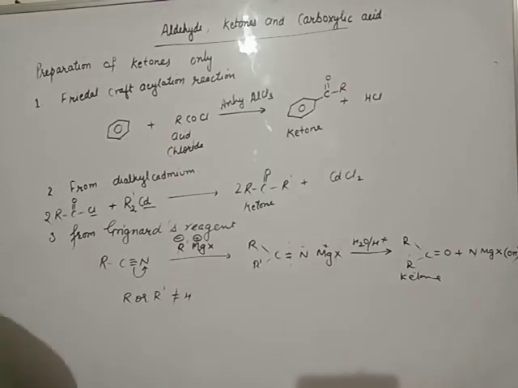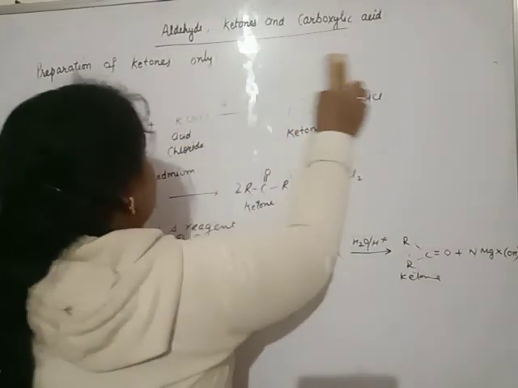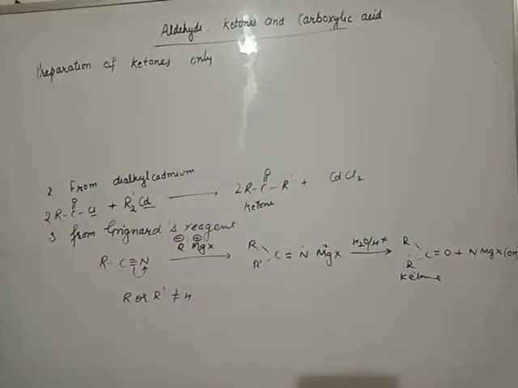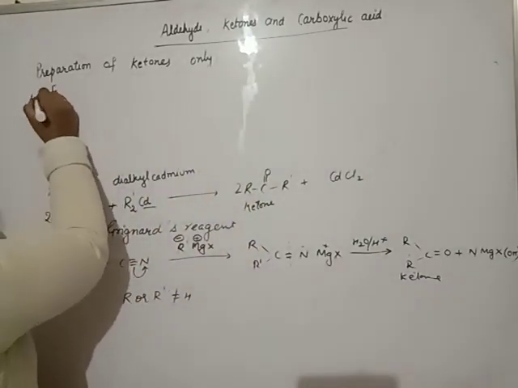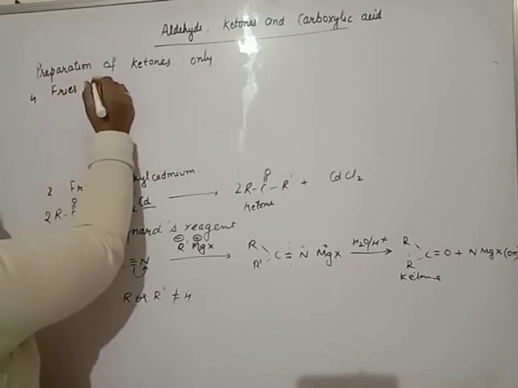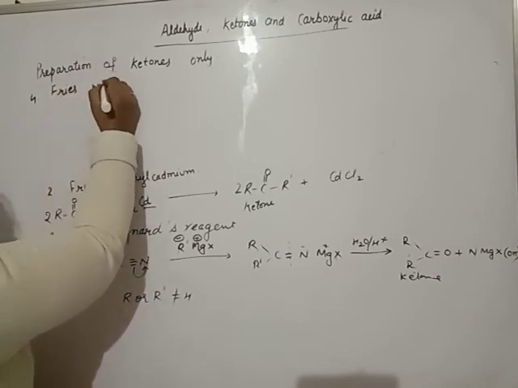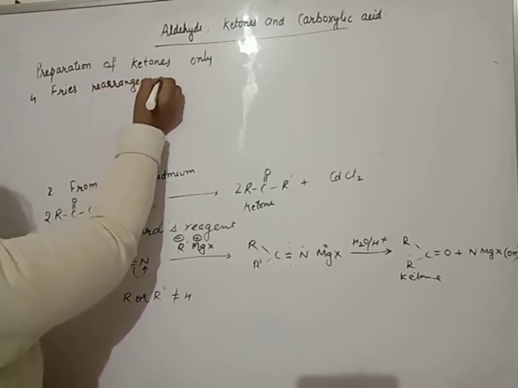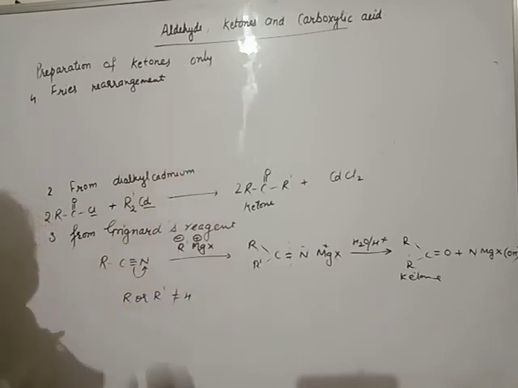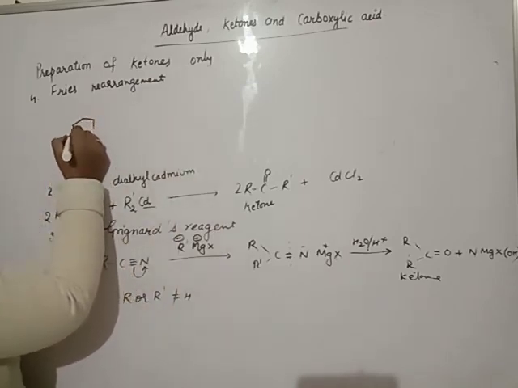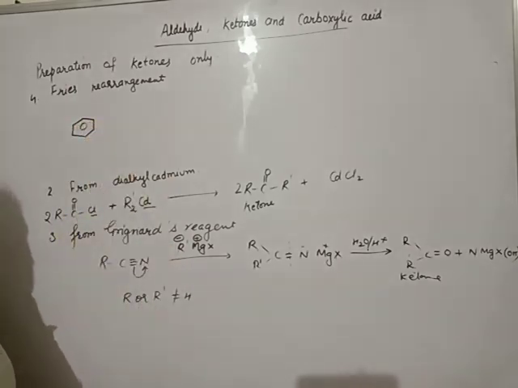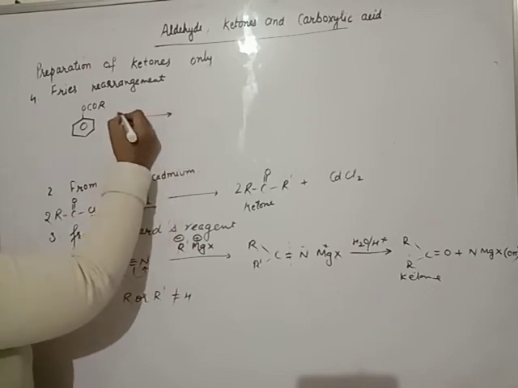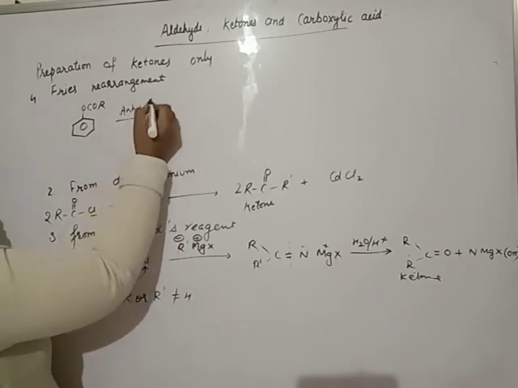Clear? Beta, these are the methods, and another method is known as Fries rearrangement. In case of Fries rearrangement, ester group is treated with anhydrous AlCl3.